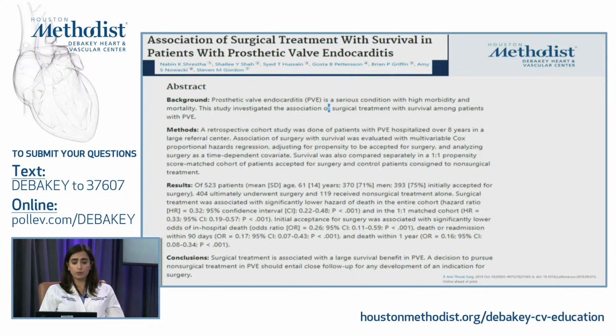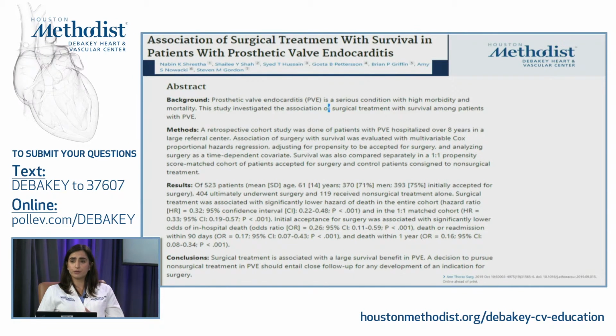And those who received non-surgical treatment alone fared a lot worse, actually. There were decreased rates of survival at the 1 year mark and thereafter, and increased rates of readmissions and heart failure readmissions as well. So the conclusion of this study was that surgical treatment is associated with a very large survival benefit in prosthetic valve endocarditis.